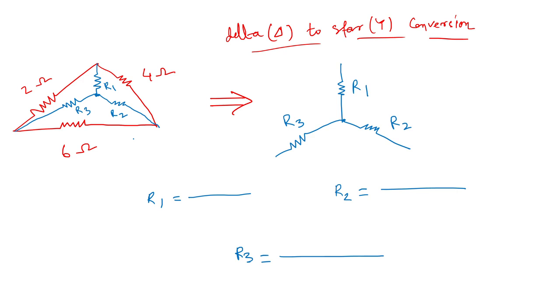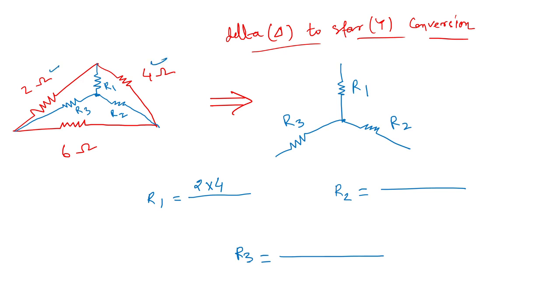Okay, now I need to find R1. Now here I will see what the two opposite side resistances are. What are the two side resistances of R1? Okay, so here it is 2 into 4, the multiplication of the side resistances.